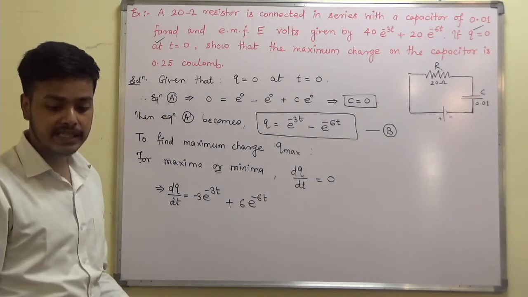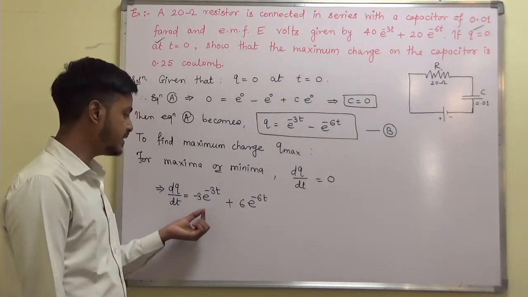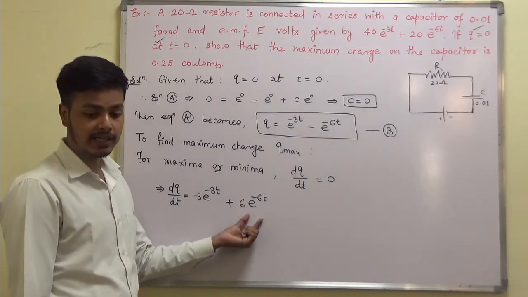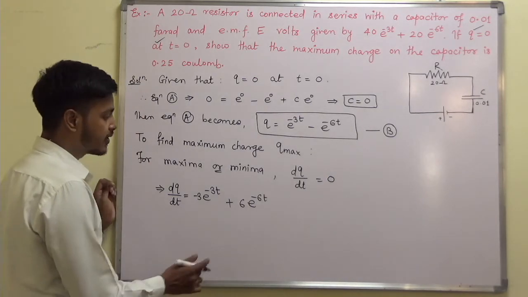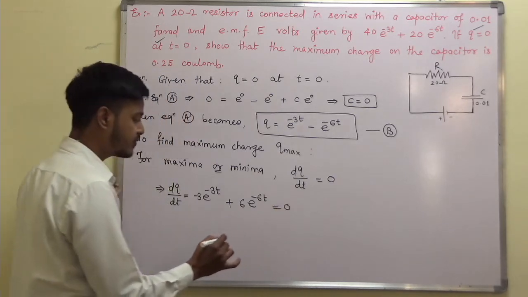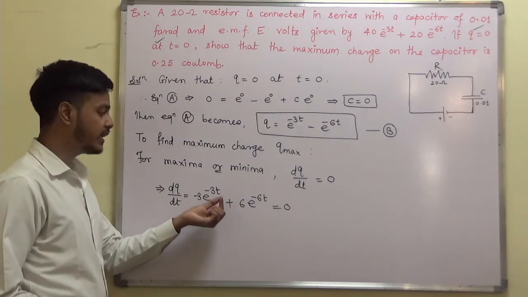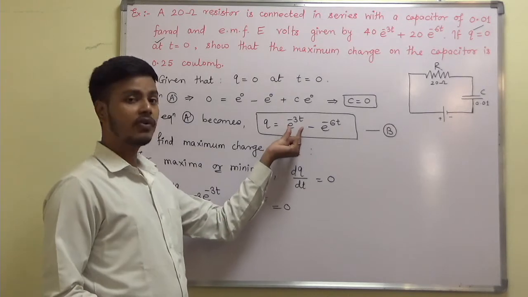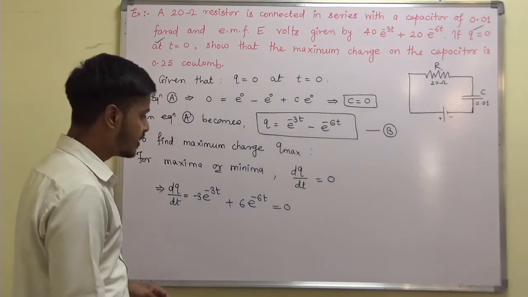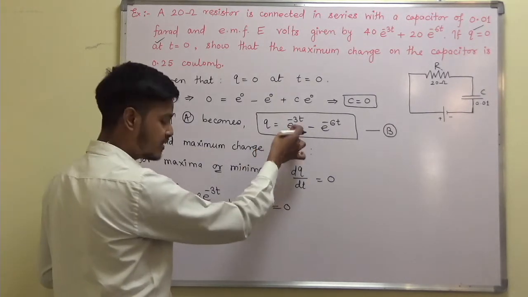So dq by dt is 3 e to the power minus 3t times this. Okay, now if this is equal to 0, I have to get the value of t. Either you get the value of t or you get the value of e to the power minus 3t, because this involves e to the power 3t only.